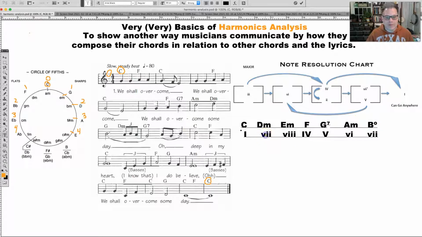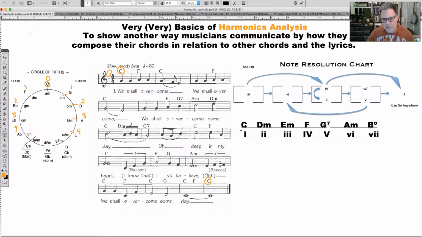And I wrote that one wrong. It's 2. This is a 3. Okay, I'm losing my mind already. Okay, 1, 2, 3, 4, 5, 6, 7. All right, you see that. This is the 1 chord, 2 chord, 3 chord, 4 chord, 5 chord, 6 chord, 7 chord.